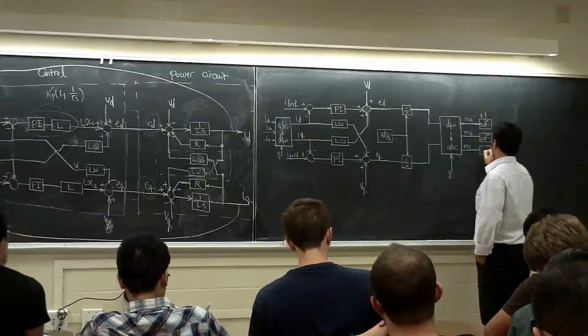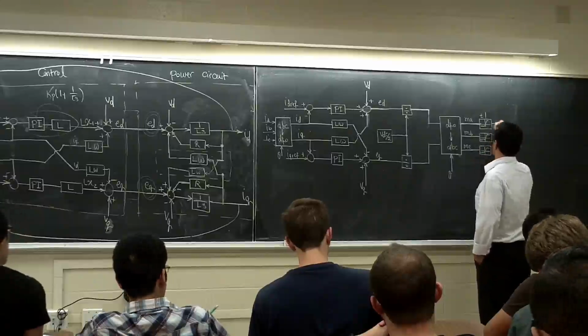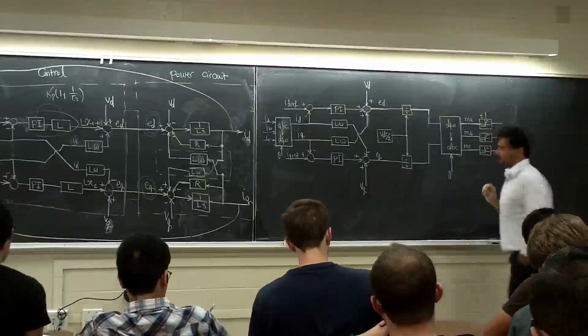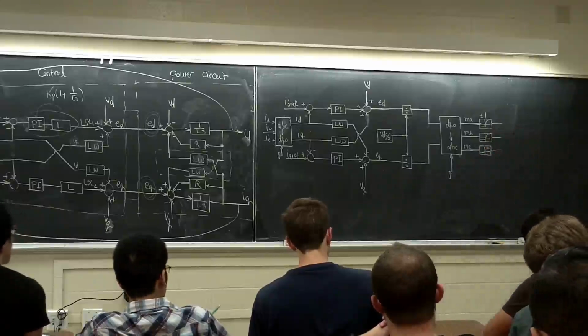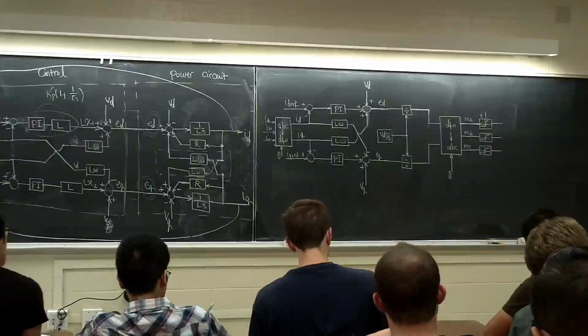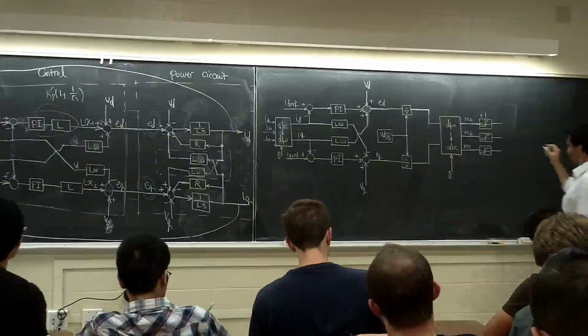This part is similar to what you had. Now I have MA, MB, MC, right? What should I do next?